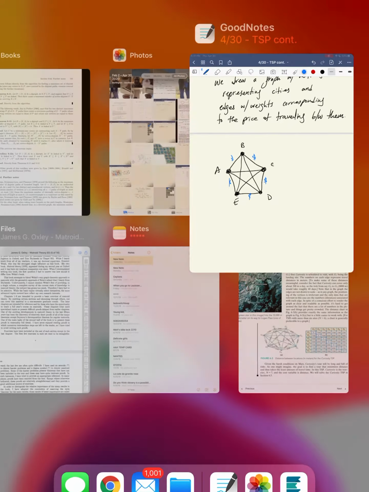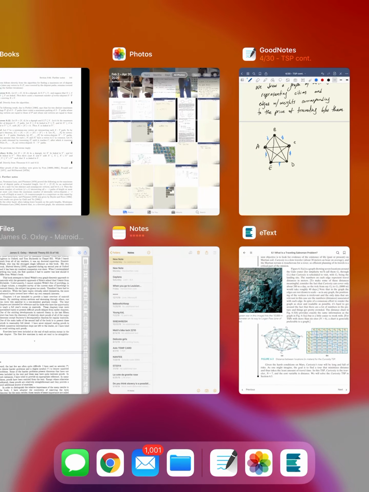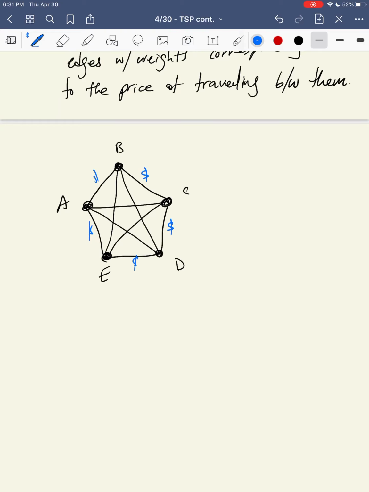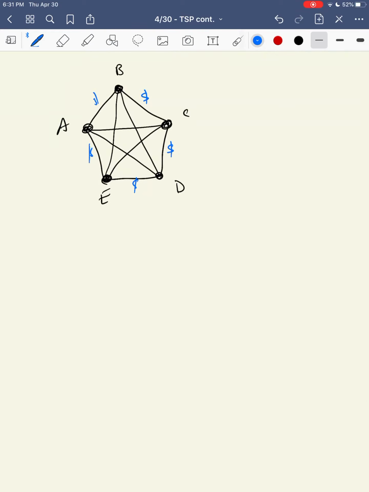So what do I want to do? I'd like to talk about some algorithms for solving these. How to solve a traveling salesman problem.